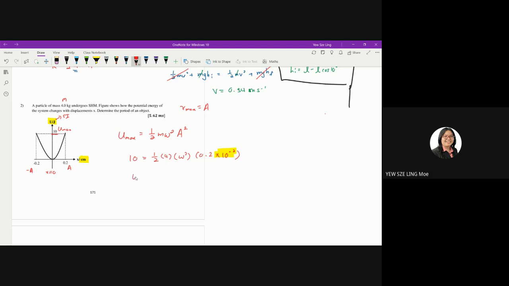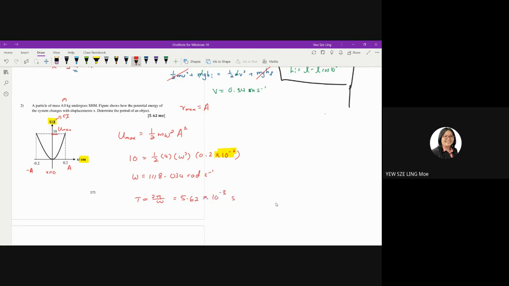So rearrange the equation. Omega equals 1118.034 radian per second. So by using T equals 2 pi over omega, it is then equal to 5.62 times 10 to the power of 3 second.